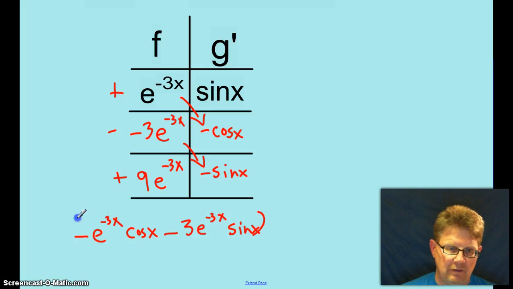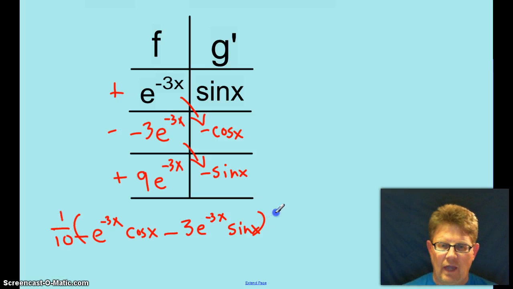Put that all in parentheses. And we're going to multiply it by, there's that 9. Add 1 to that, 10. 1/10. And don't forget the arbitrary constant, c.